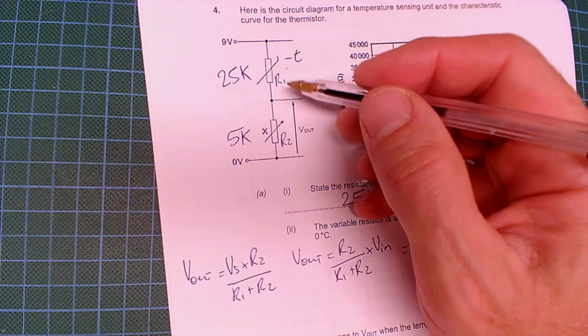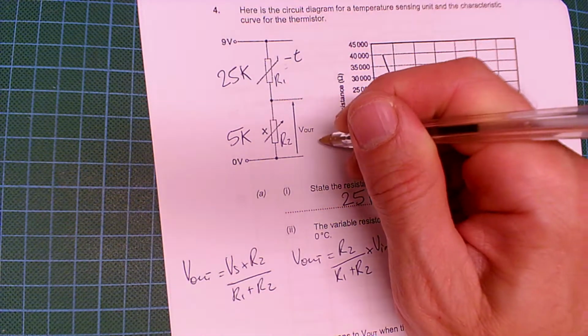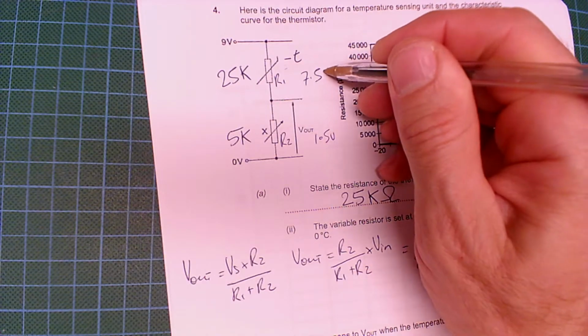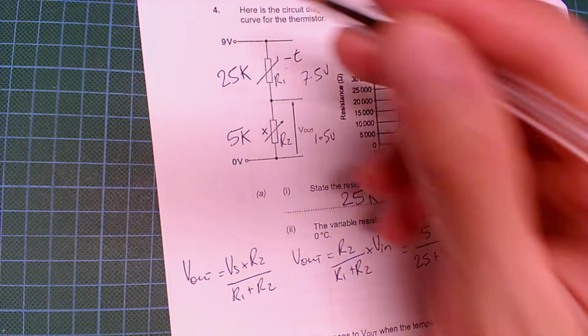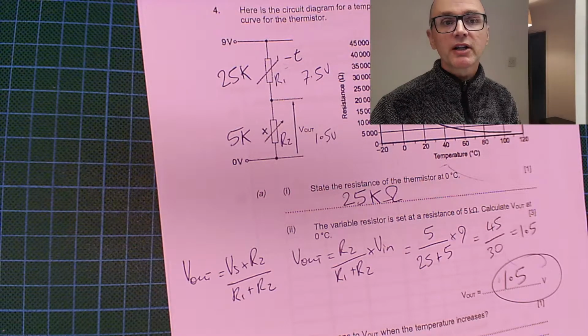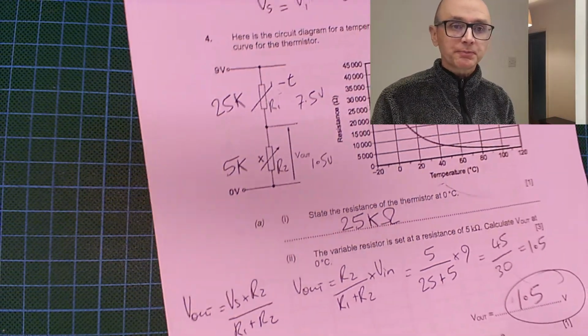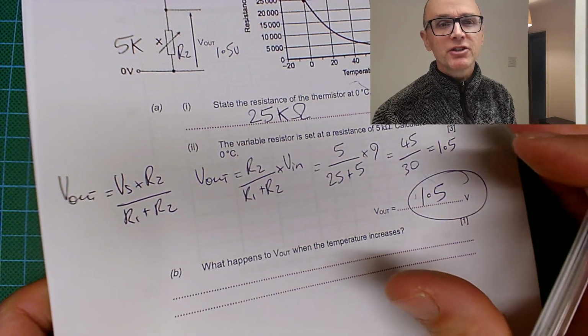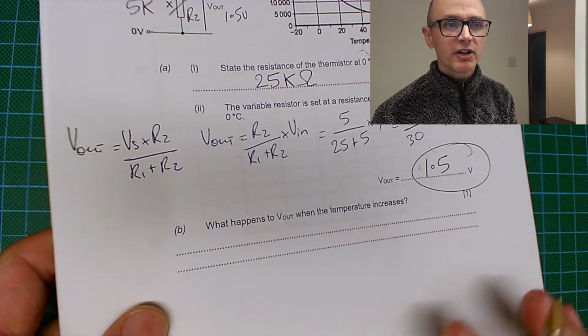So this top bit would be 7.5 volts, plus 1.5 is 9 volts. So that is a check, and that seems like it should be right for us. Always worthwhile if you've got time, and many students do. If you've got time, do check your answers. Okay.